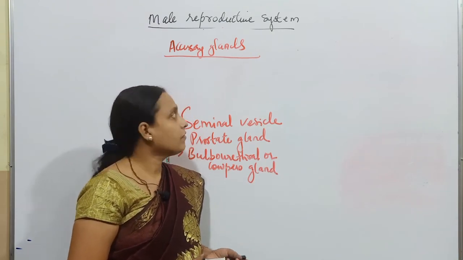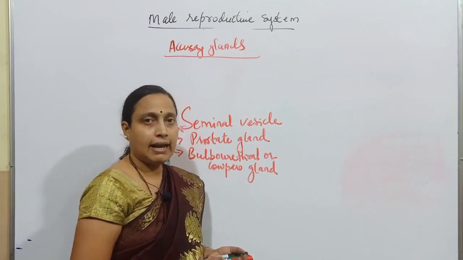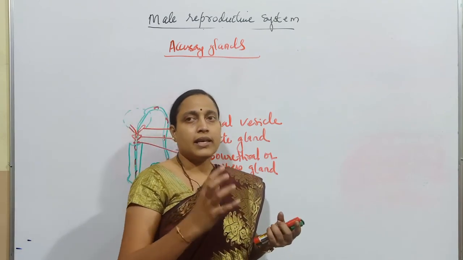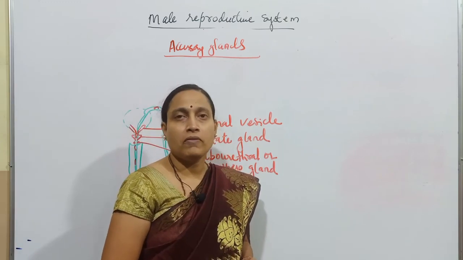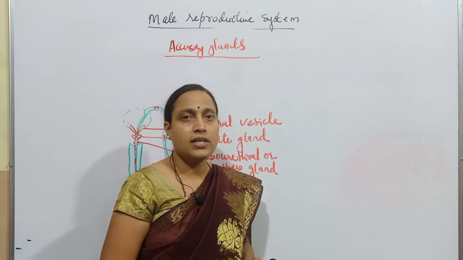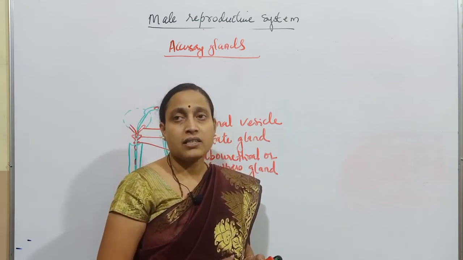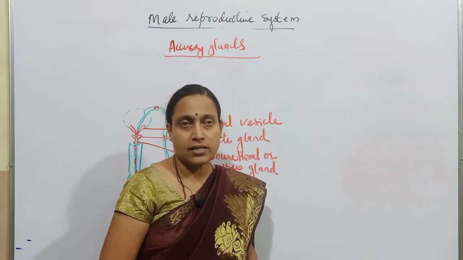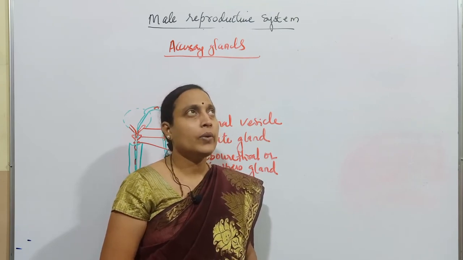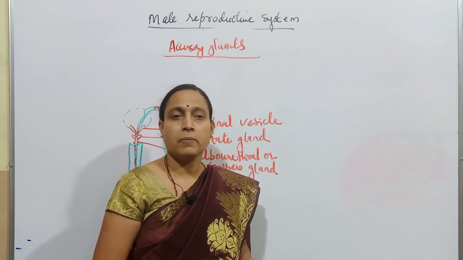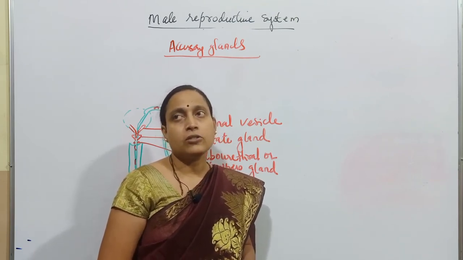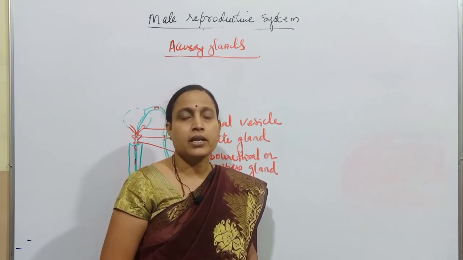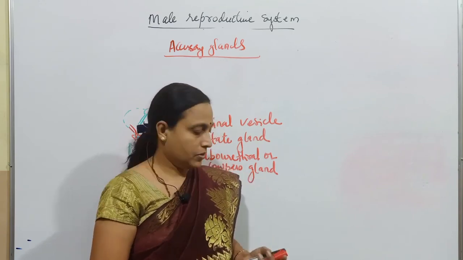Now, what is the function of these accessory glands? Their main function is that all their secretions will combine and form a common fluid here. The fluid is called seminal fluid. So that is the main function of the accessory glands. The fluid, the seminal plasma it's called, or seminal fluid, consists of useful substances that are necessary for nourishment and movement of the sperms.